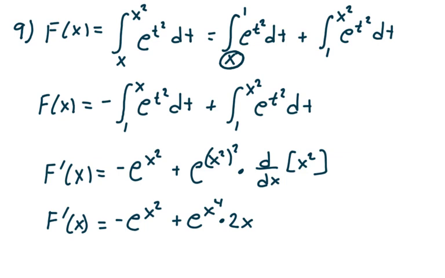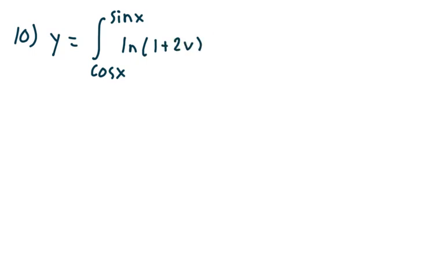All right. Let's do one more for this video. We'll call this example 10. And suppose I ask you the following. Doesn't matter, because the process is very similar. Suppose we have the integral from cosine of x to sine of x of natural log of 1 plus 2v dv.